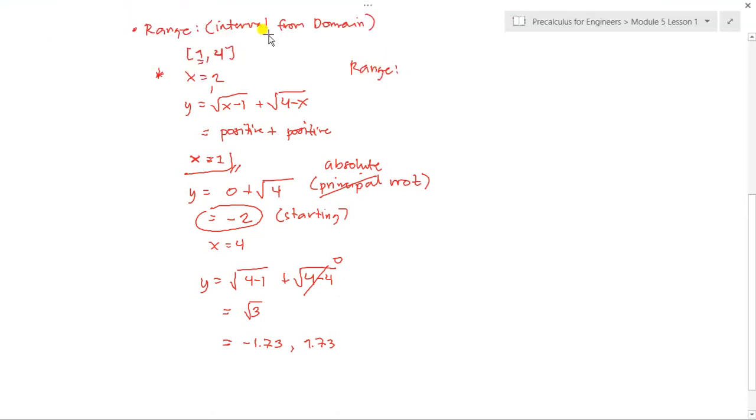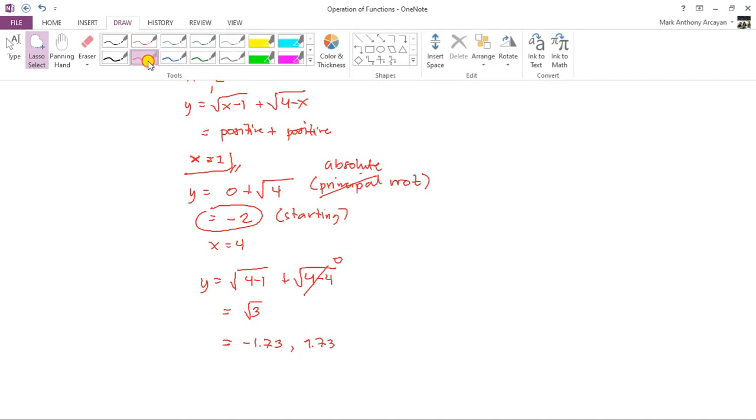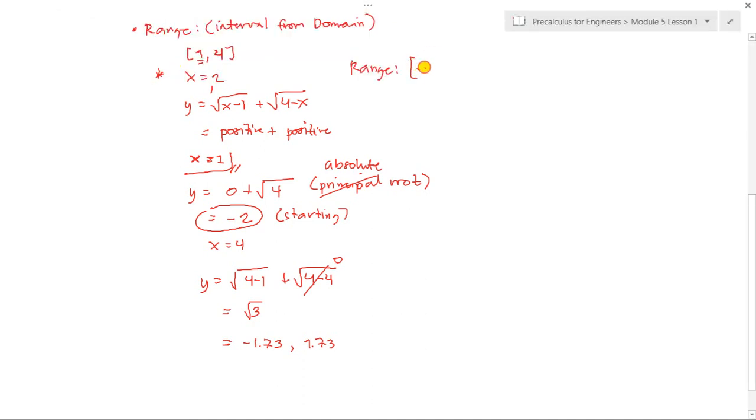That is just an approximate value. So therefore our range here starts from negative 2. Do you think it would be higher? How about 3? Even if we have 3, so we have square root of 3 minus 1, square root of 2, then plus square root of 4 minus 3, which is 1, so we have 2.41.